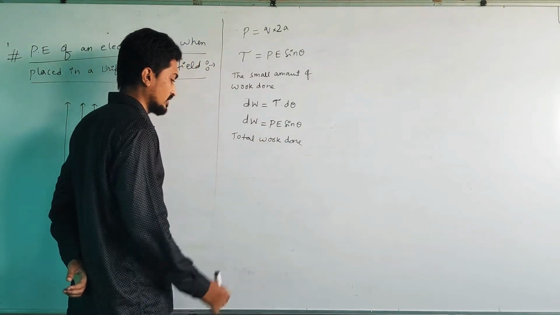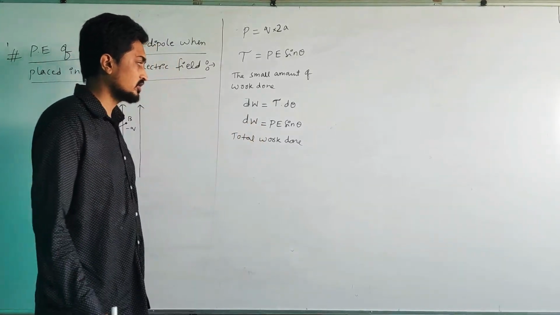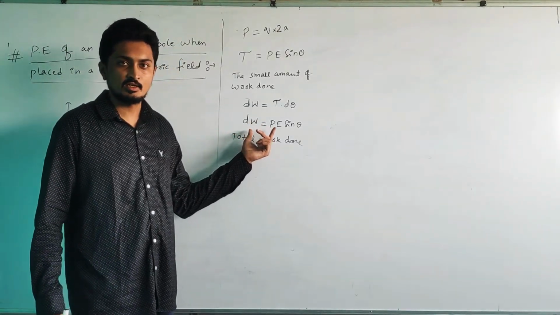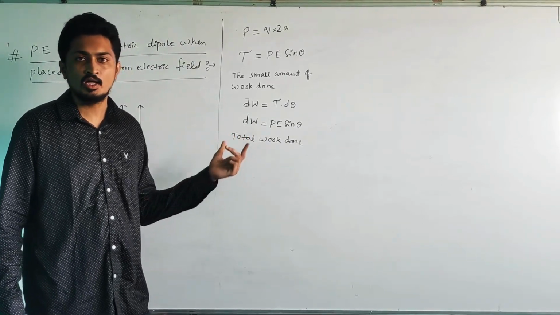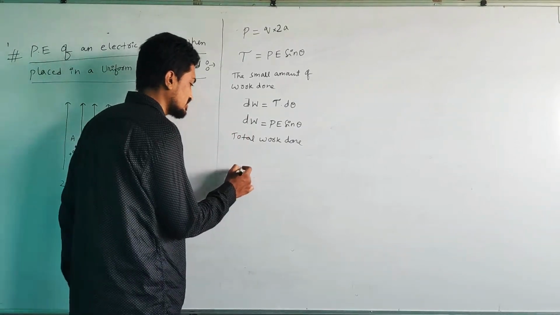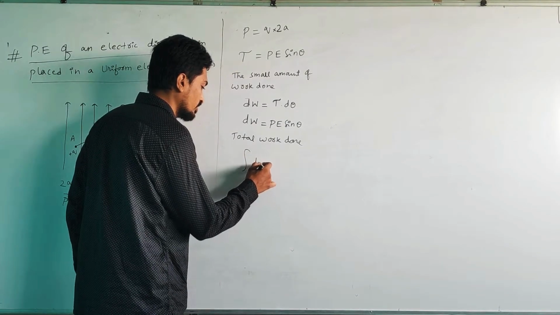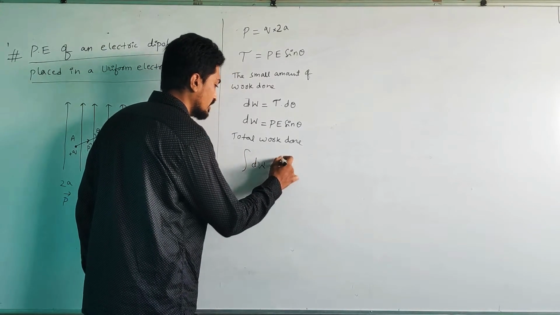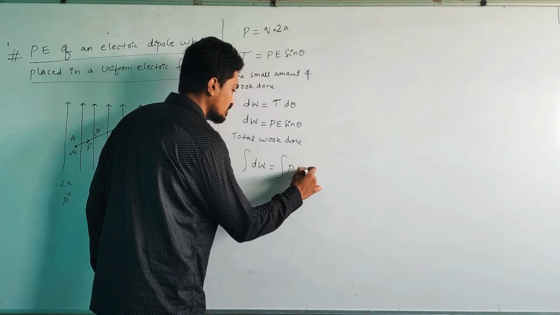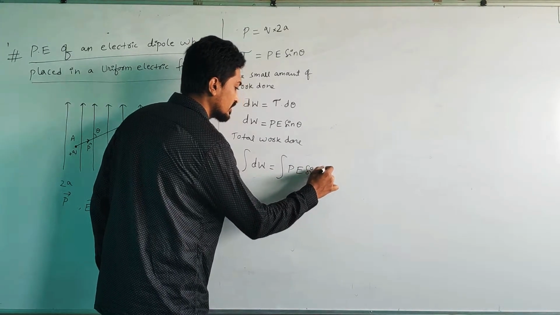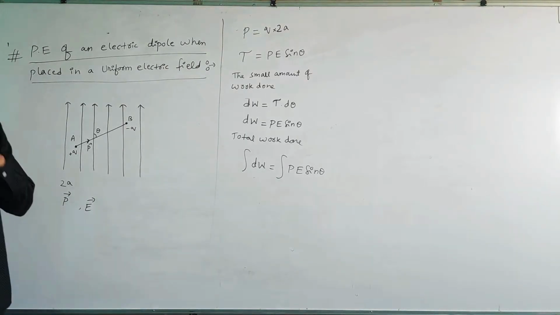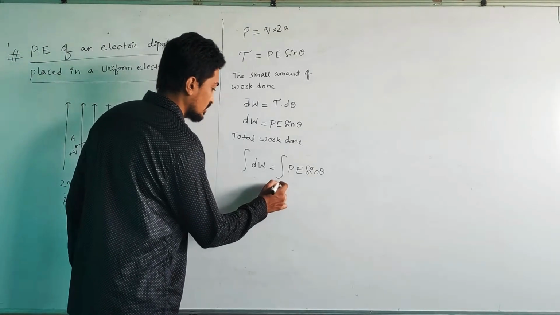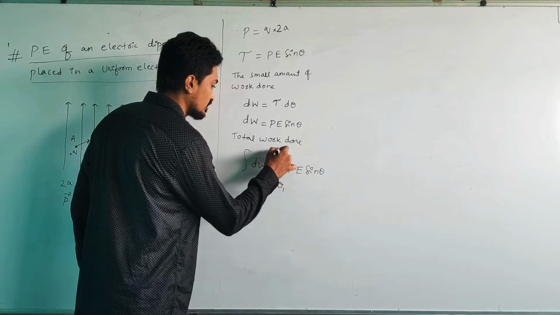If we want to find the total work done, we have to integrate this term with proper limits. So we integrate dW, and the integral of P E sin theta, substituting limits theta 1 to theta 2.